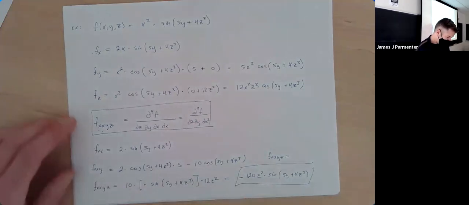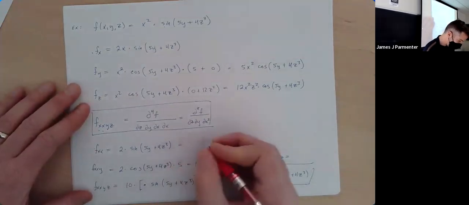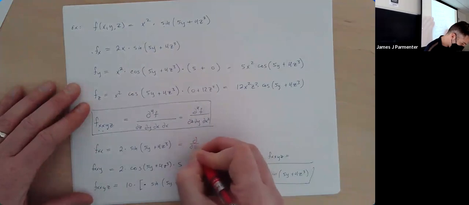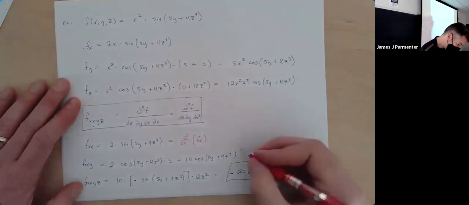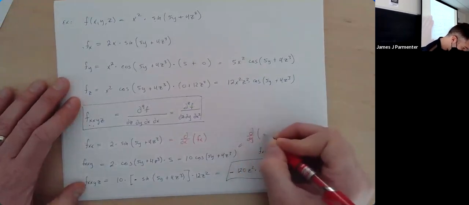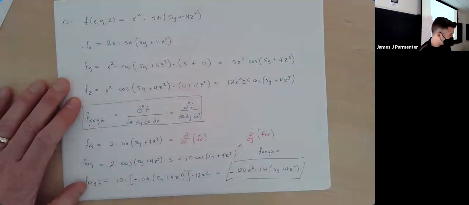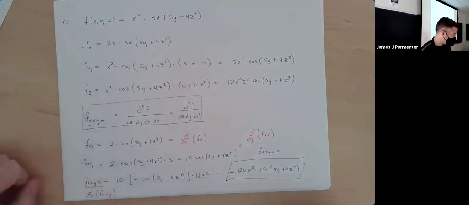So, right, I should point out, just to kind of see, this was the partial with respect to x of fx. And this was the partial with respect to y of the fxx I had found in the previous step. And this here was the partial with respect to z of the fxxy I had found in the previous step.